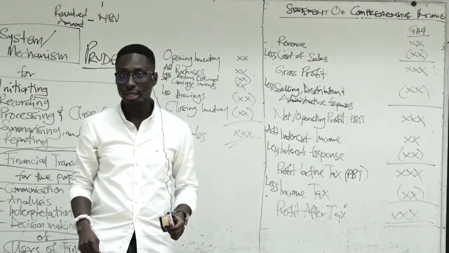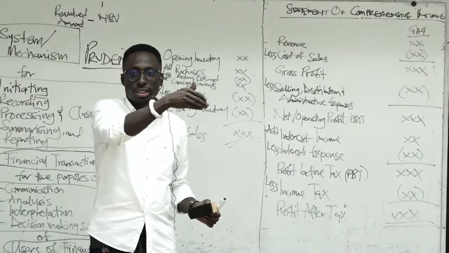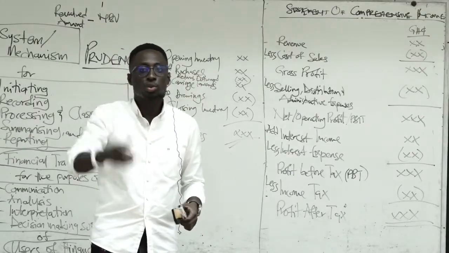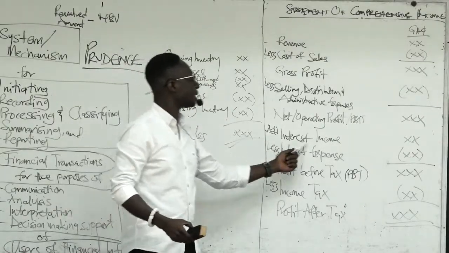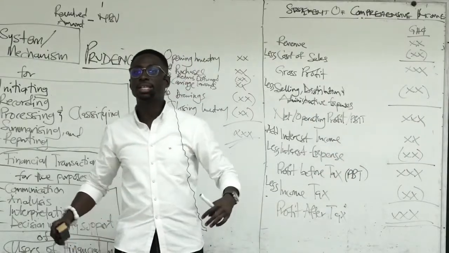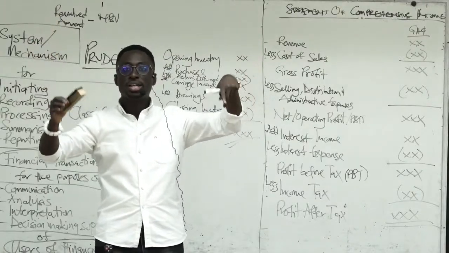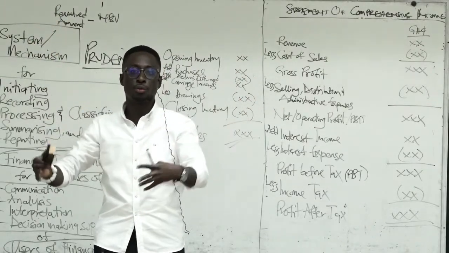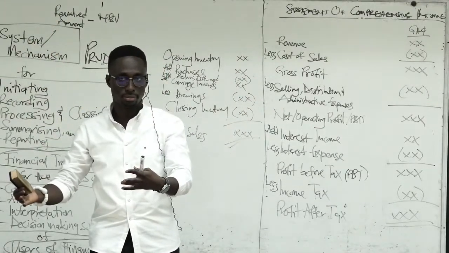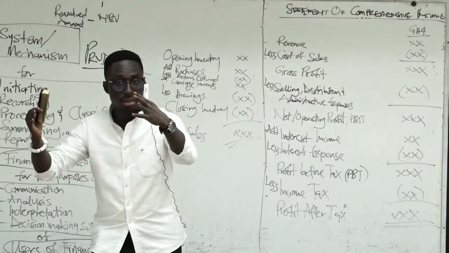So if your income is in respect of your core business, then it's called revenue or sales or turnover. All right? But if it is not directly in connection with your core business, that's why you have names like interest income here. So income is the umbrella name. Revenue is a type of income. Does it make sense? Okay.